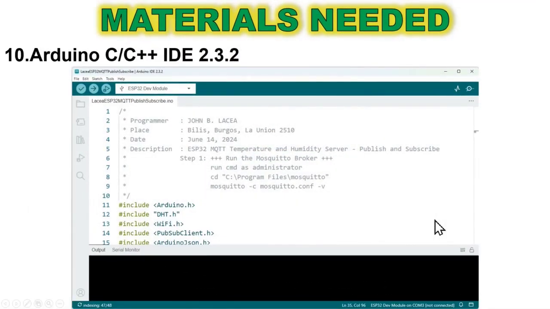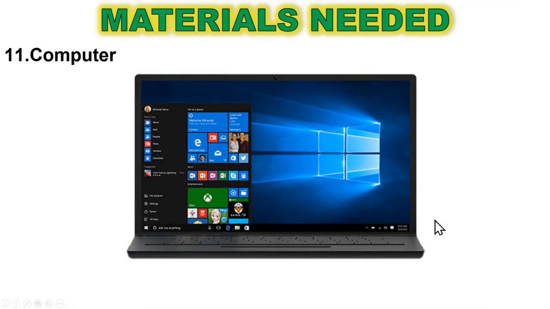We need to write our code in C++ using the Arduino IDE version 2.3.2. Of course, we need to have a computer, whether it is a desktop or a laptop PC with Windows operating system.